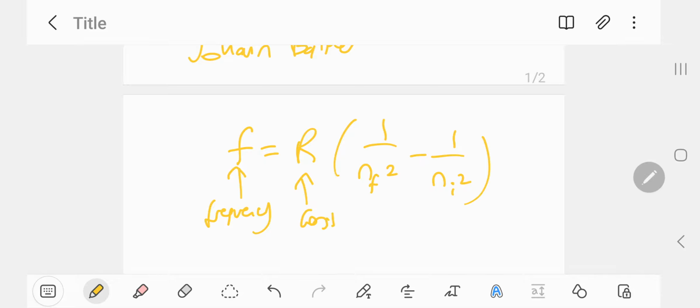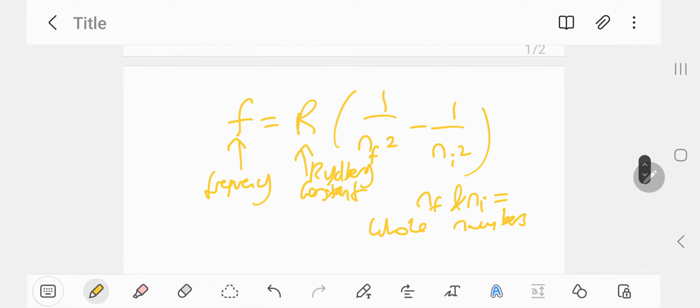R is just a constant, now known as the Rydberg constant. Another physicist down the track refined Balmer's formula, so the constant is now named after him. And n sub f and n sub i are whole numbers, designed to make the maths work.